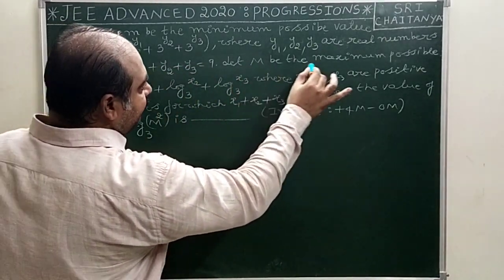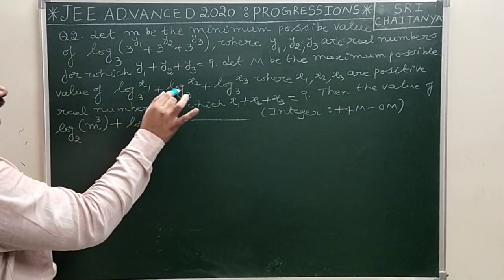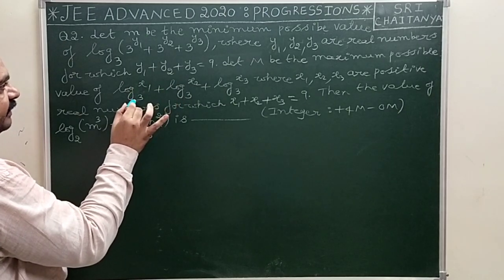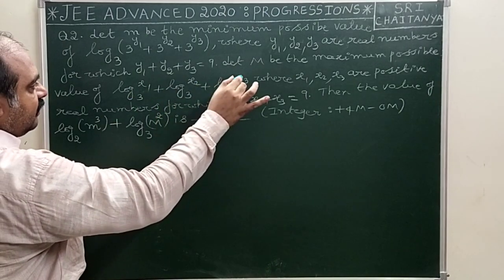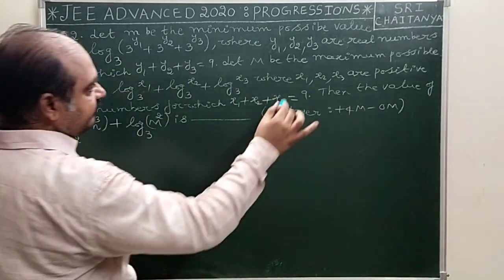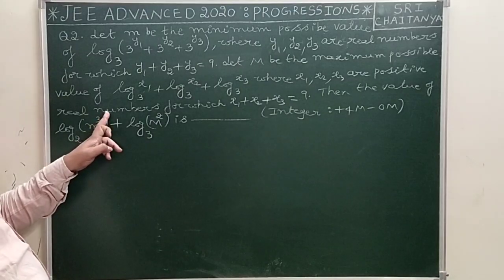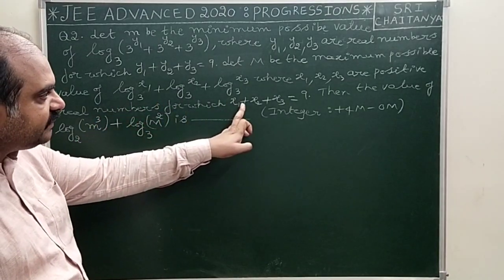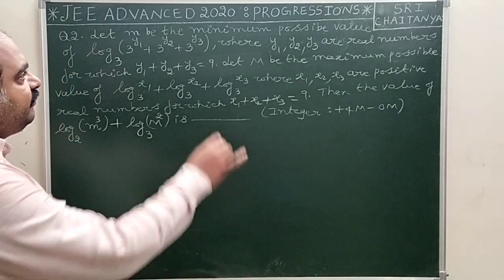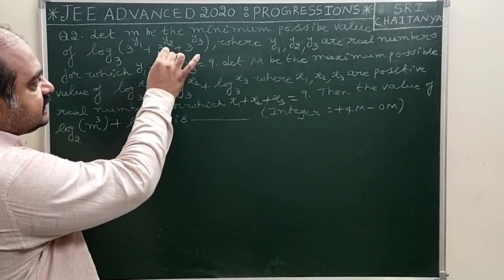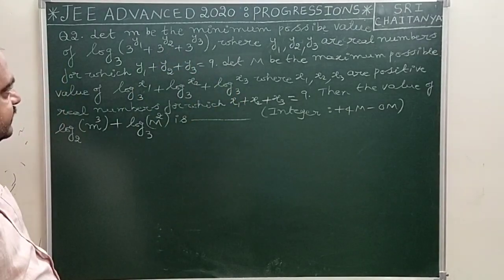Let capital M be the maximum possible value of another logarithm: log x1 to the base 3 plus log x2 to the base 3 plus log x3 to the base 3, where x1, x2, x3 are positive real numbers for which x1 plus x2 plus x3 equal to 9. So you have to find the minimum possible value of this and the maximum possible value of this. Then you can calculate this easily.